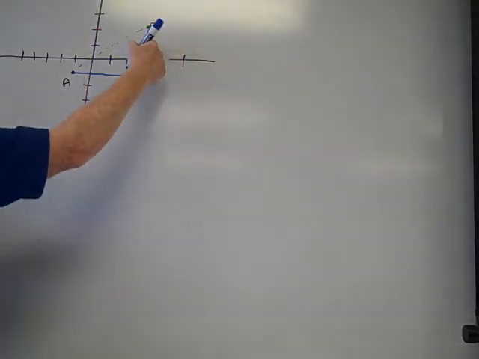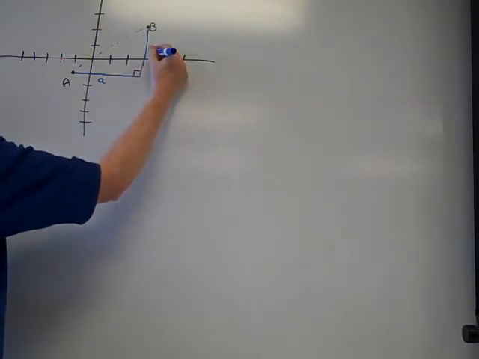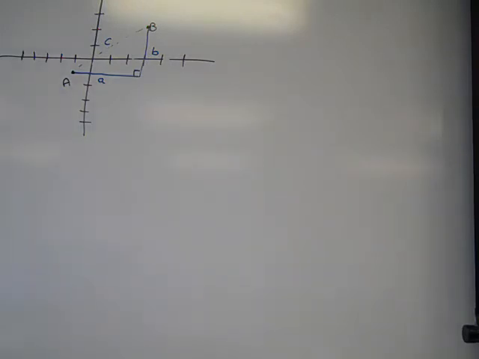If this length here is, say, called little a, and this length is called little b, and this length is called little c, what does the Pythagorean theorem tell you about distance? About the length of that hypotenuse?